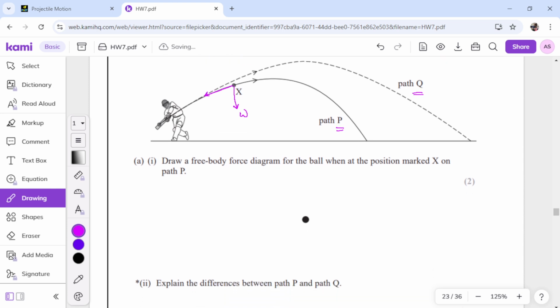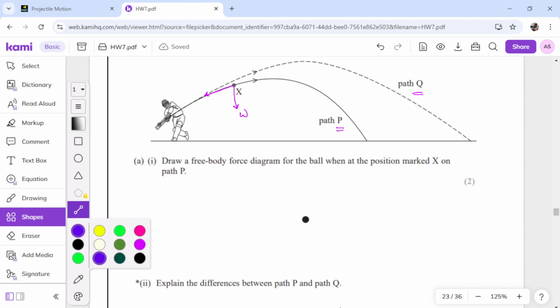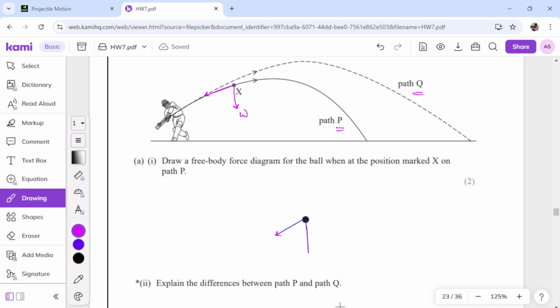So I will draw it like this: weight downward, which must start from the point, and then we draw the air resistance. And we have to label them, so I will write weight and air resistance.